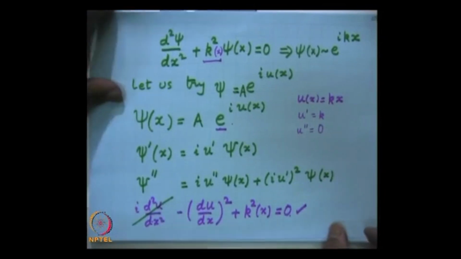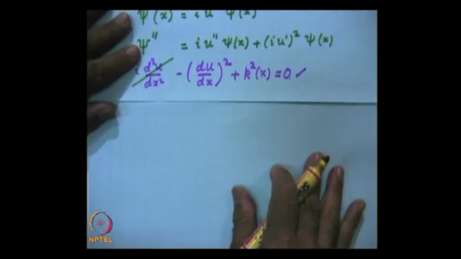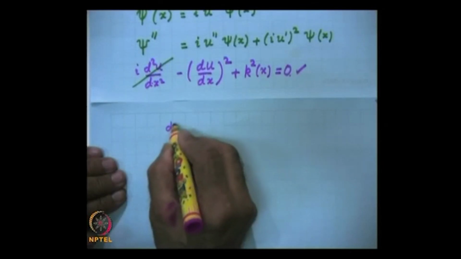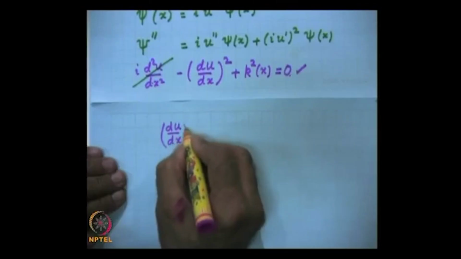If I neglect this term, then I will obtain du by dx whole square.